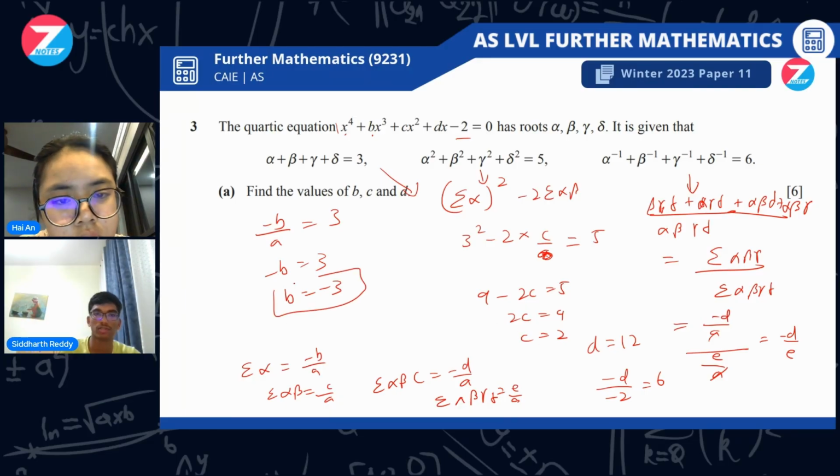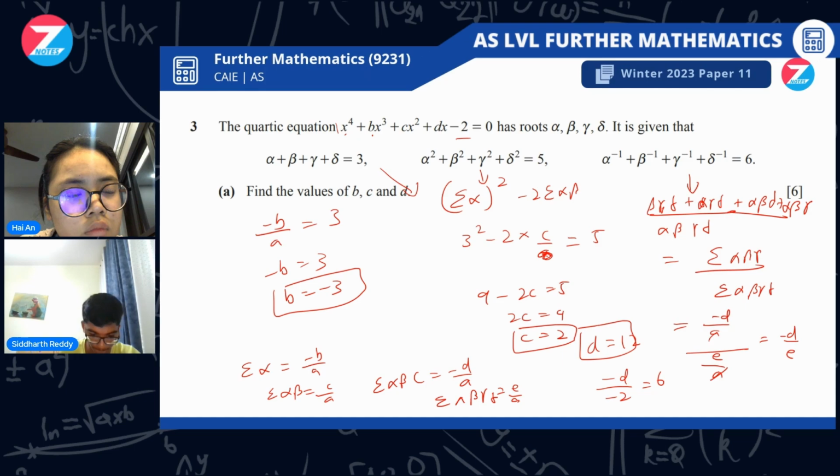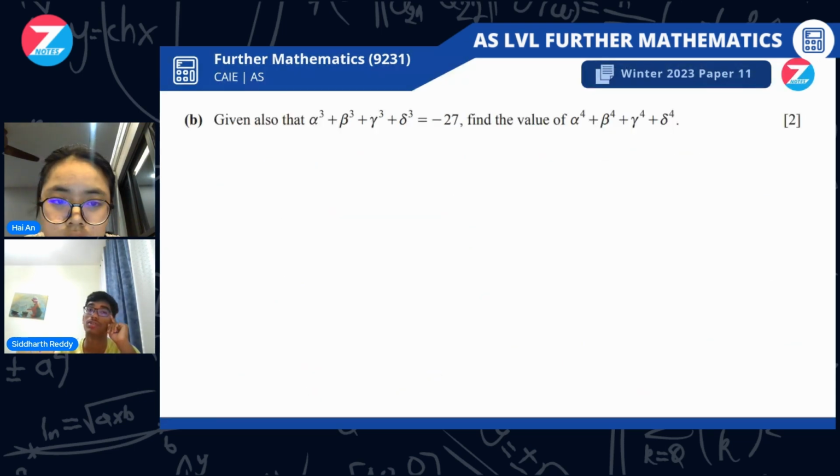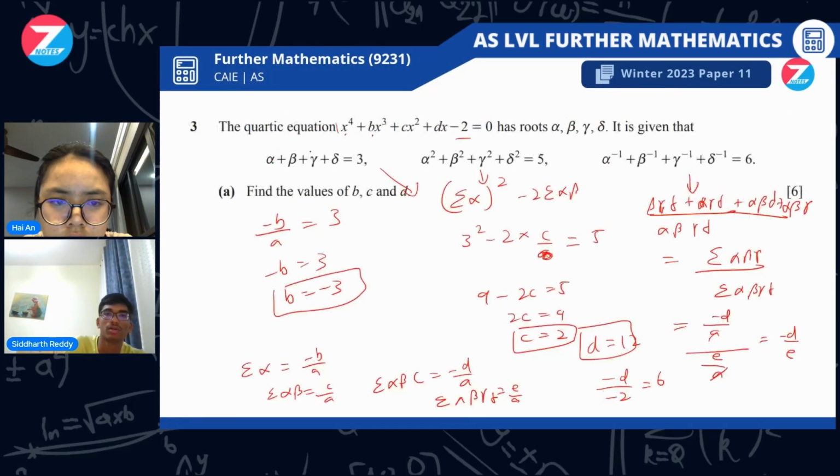So let's just check that. Given also that alpha cube plus beta cube plus gamma cube plus delta cube is equal to minus 27, find the value of the sum of the roots taken to the power 4. They give the equation as x to the power 4, and we already found the values of b, c, d.